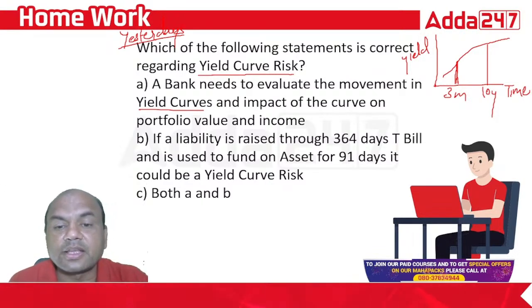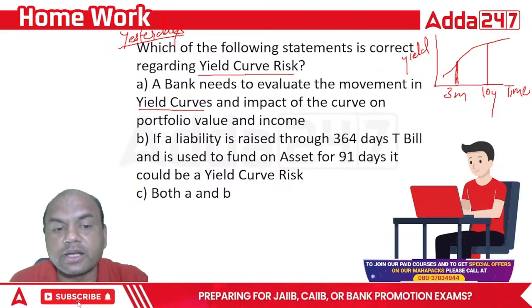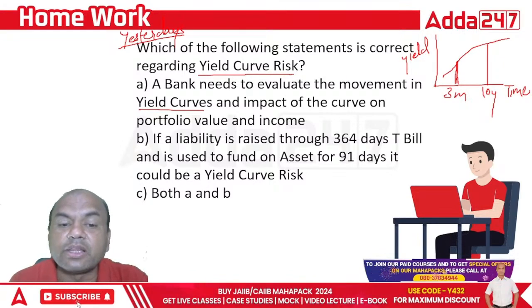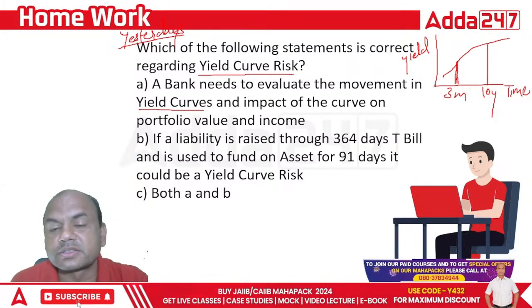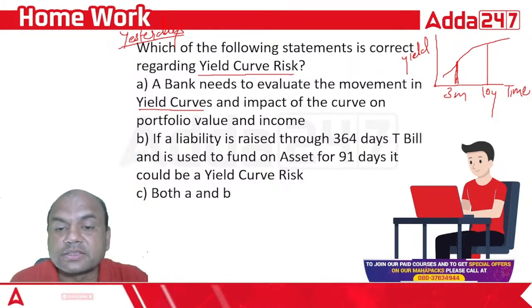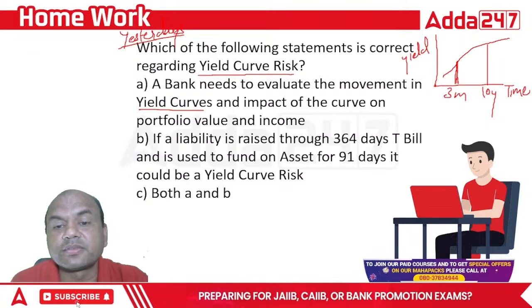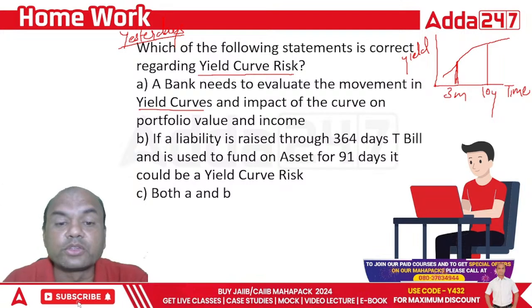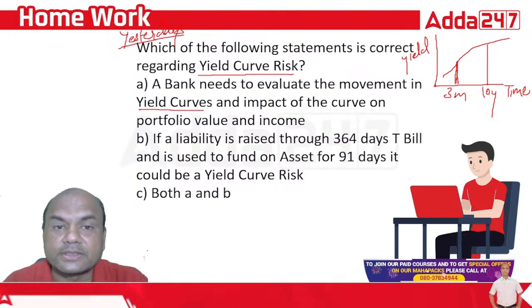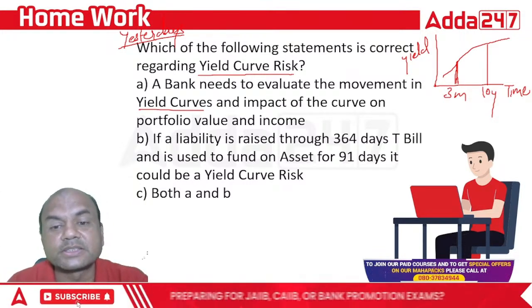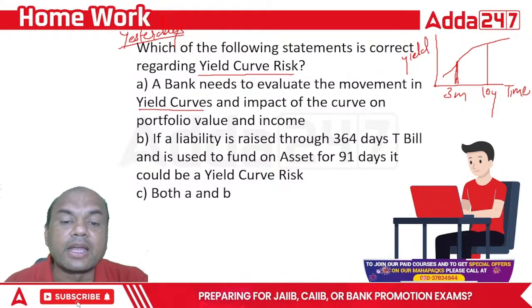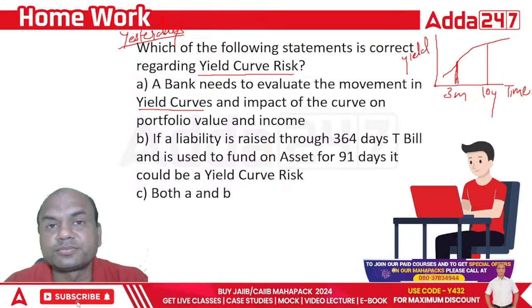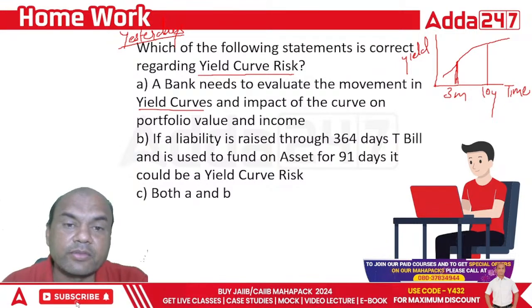If the liability is raised through 364-day T-bill and is used to fund an asset of 91-day T-bills, it will lead to yield curve risk. Liability is raised, and used to fund an asset. If I take a deposit of 364 days and give a loan of 91 days, will I be facing a yield curve risk?